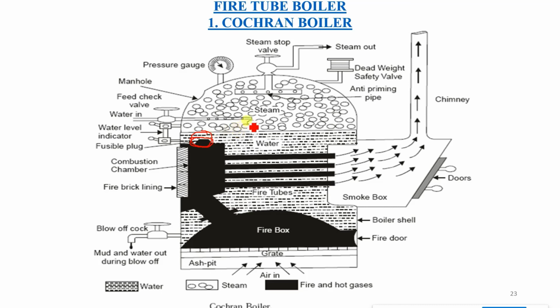When the water level decreases and due to very high temperature, this gunmetal melts, and steam pushes water into the firebox, that is the furnace, and it extinguishes the fire. And as the fire extinguishes, formation of steam stops.